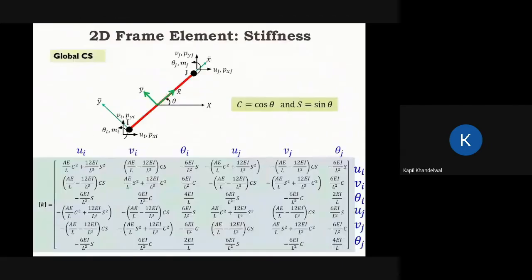For example, if I go back here, this is a stiffness matrix for a 2-dimensional frame element. What happens if I try to build a stiffness matrix for a 2-dimensional plate element, or a 3-dimensional plate element, or a shell element, or a solid element? It turns out that there's a whole course dedicated to these kinds of things, and you typically learn them in a finite element course. A rigorous finite element course teaches you how to build stiffness matrices for different kinds of elements.